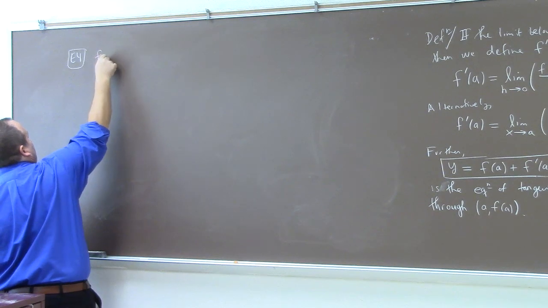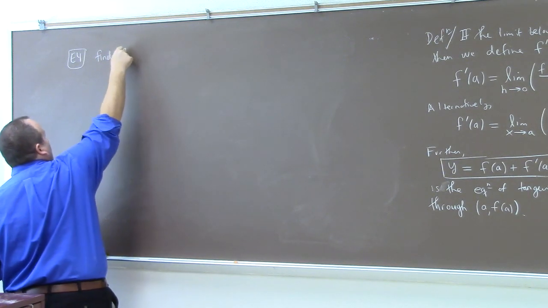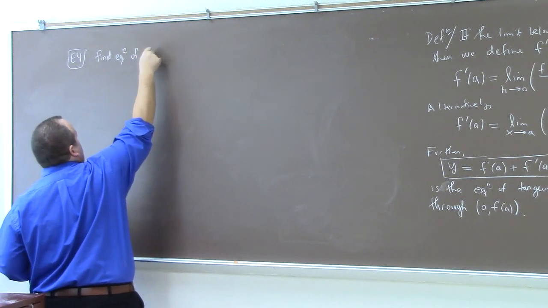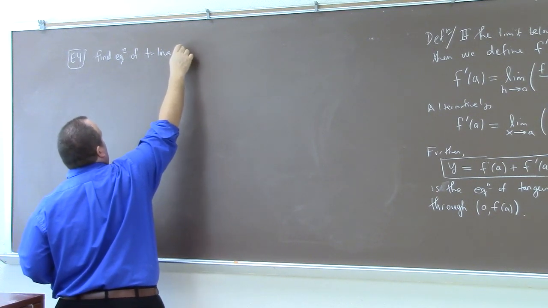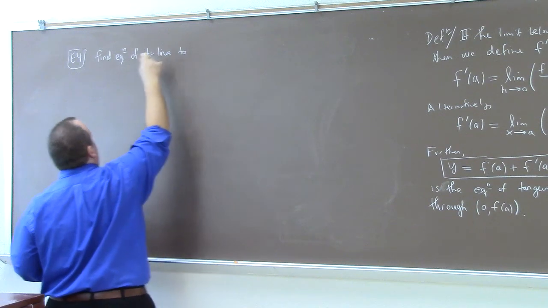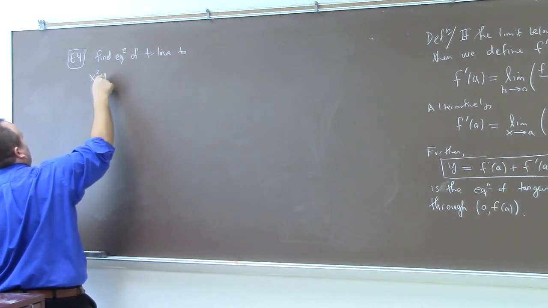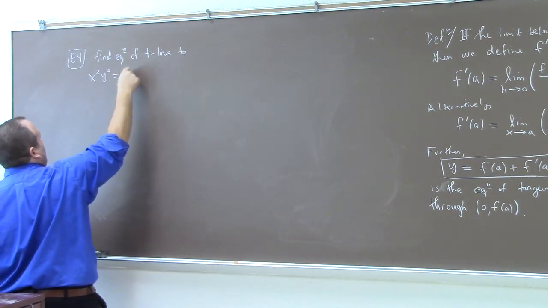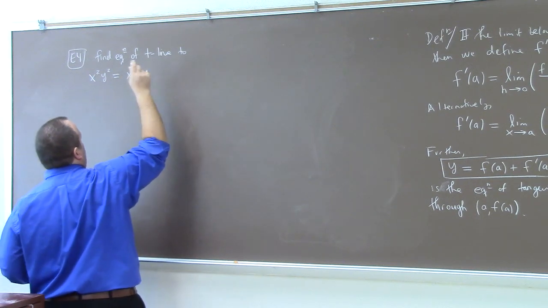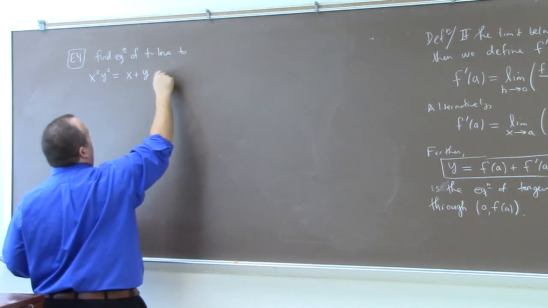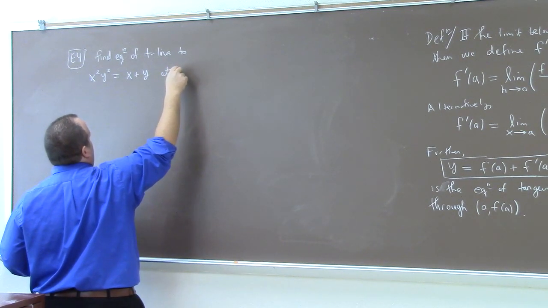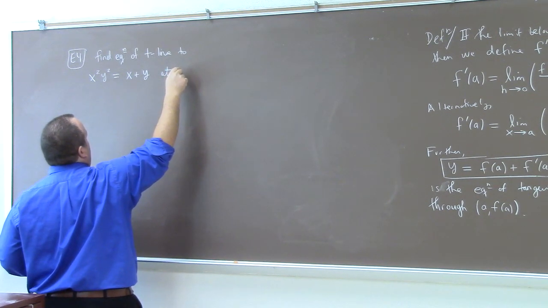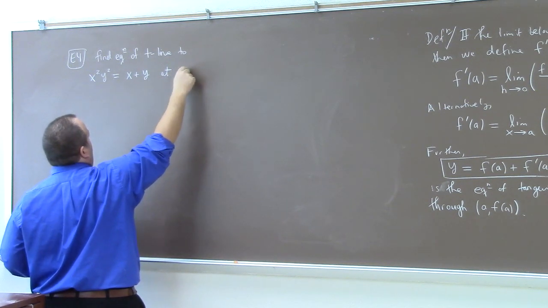I'll say find the equation of the tangent line to x squared y squared equals x plus y at... hopefully this won't go wrong.